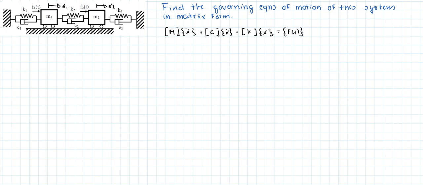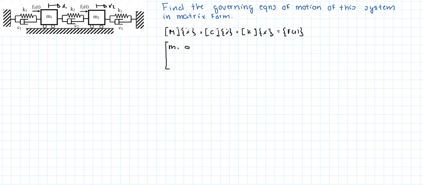Now we have a 2 degree of freedom system. The matrices here are always going to be square and symmetrical. So let's start. For the mass matrix, or the inertia matrix, it's always equal to the diagonal being the mass or the inertia, and the rest being zeros.